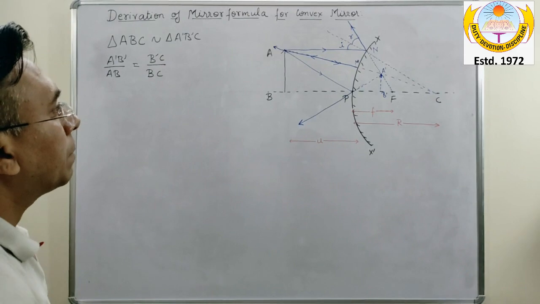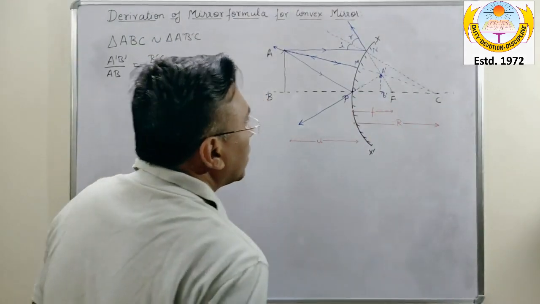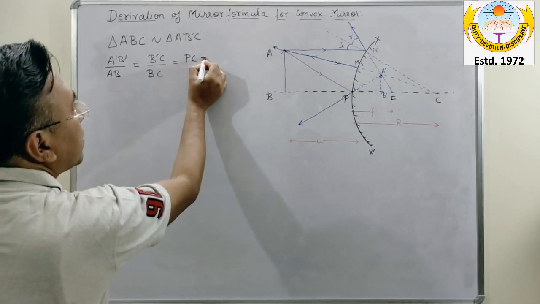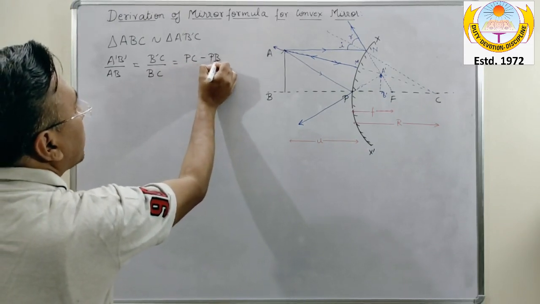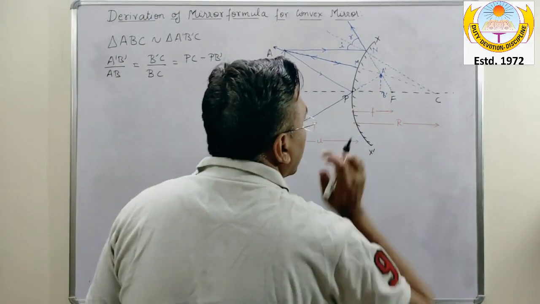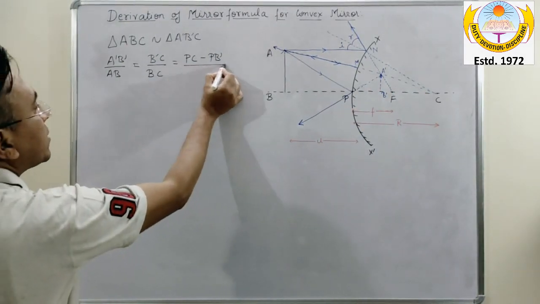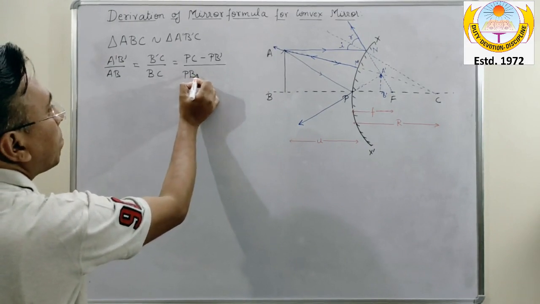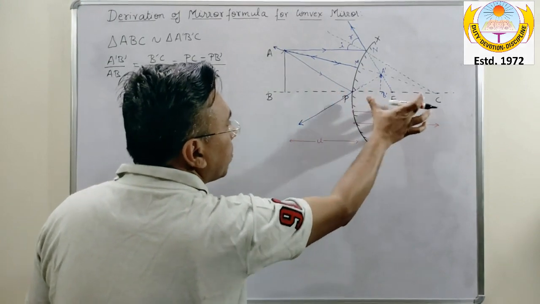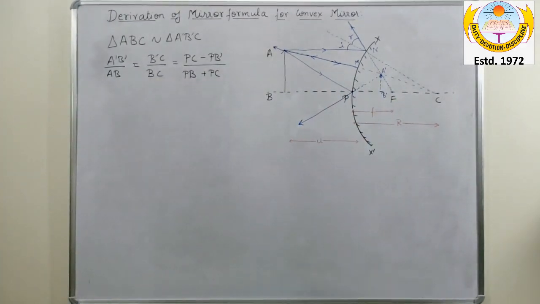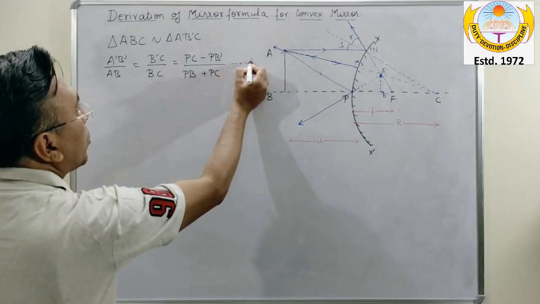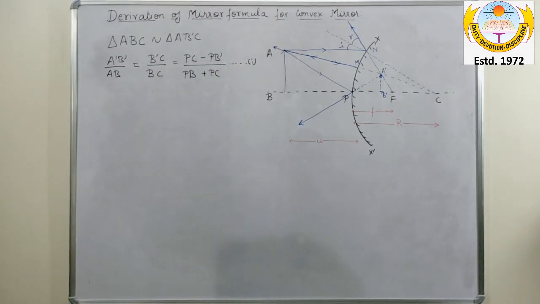Now B dash C can be further written as PC minus PB dash, and BC, this entire line, is nothing but PB plus PC. Okay, so let this be equation number 1.